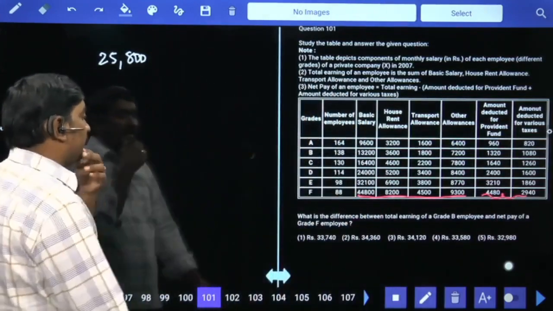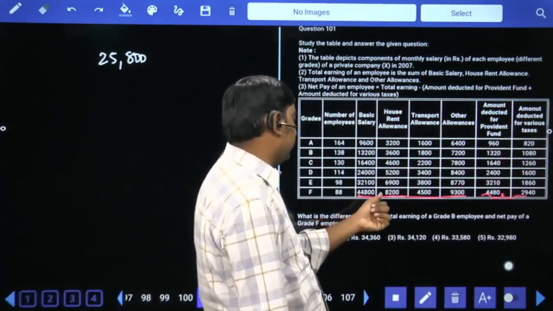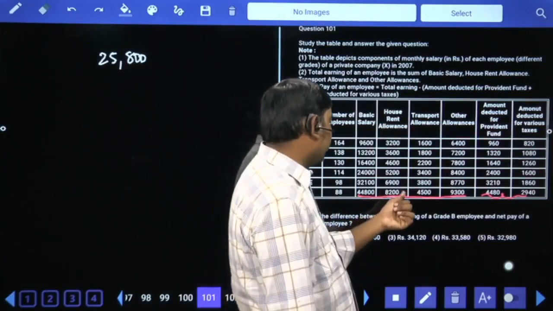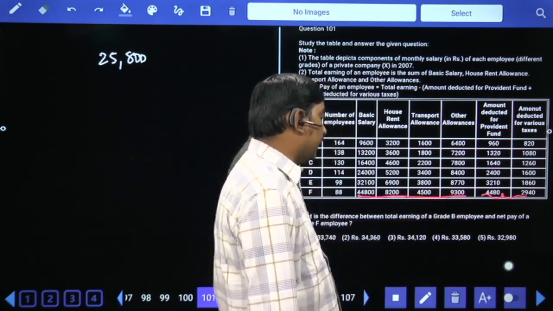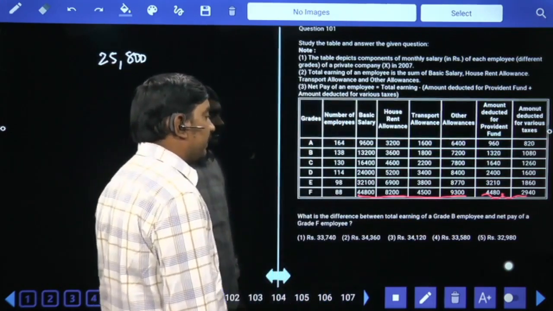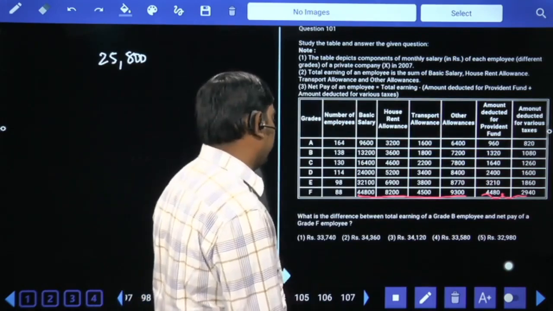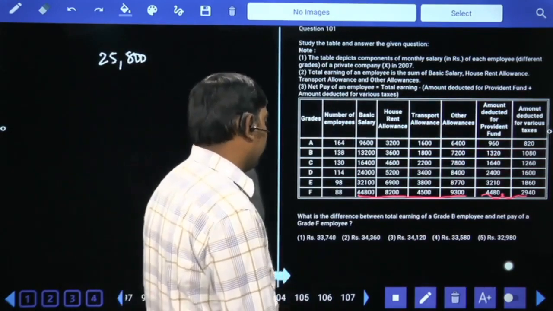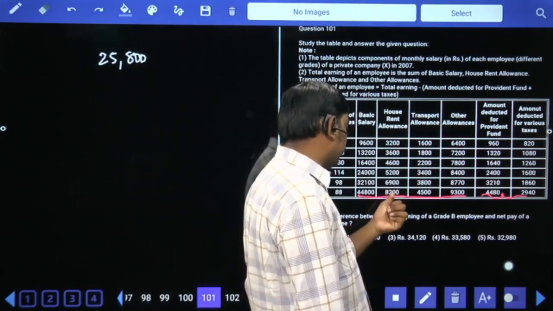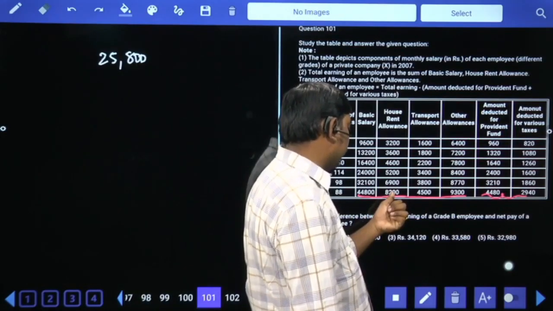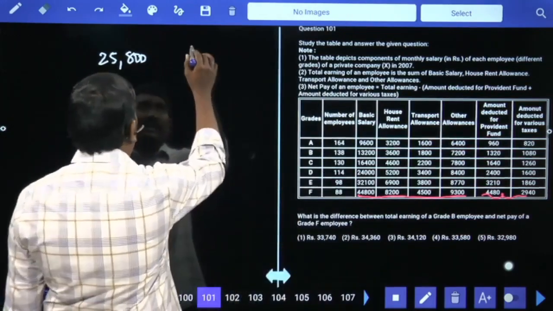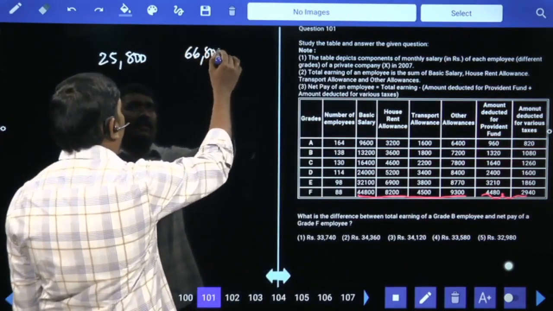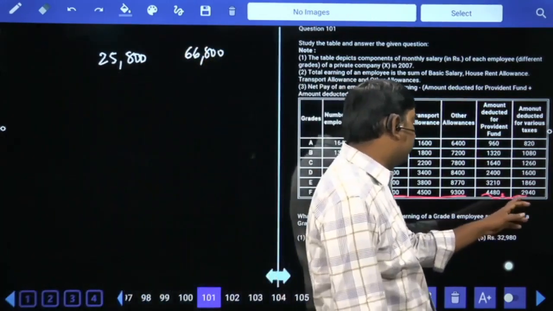So total earnings are 44,000 plus 8,000, 52,000, plus 4,000, 56,000, plus 9,000, 65,000, plus 800, 200, 1,000, so 65,000 plus 1,000, 66,000. In that 66,800, we need to subtract these two.